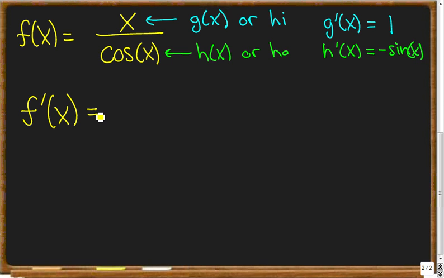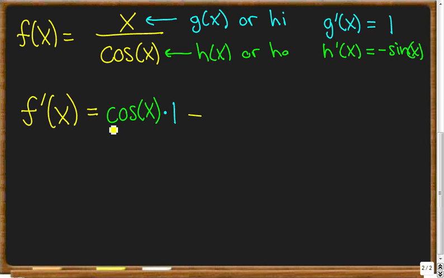So I need the bottom function, the ho function, which is cosine of x. That multiplies by d high, which is the derivative of the high function, or g prime of x. That is 1. I always have to have a minus sign. Okay, so that's where the less part comes in.